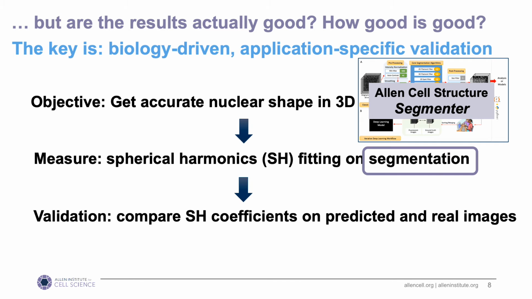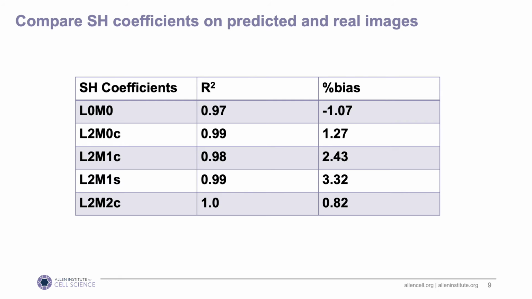Okay, now we know our goal and what analysis step may be affected by the prediction. Then we know how to validate. We can just compare the spherical harmonic coefficients on the predicted and real images. By comparing 5 key spherical harmonic coefficients that dominate the nuclear shape space, we find that the analysis based on our prediction from 20x images is statistically significantly similar to the analysis we could get from real 100x images.